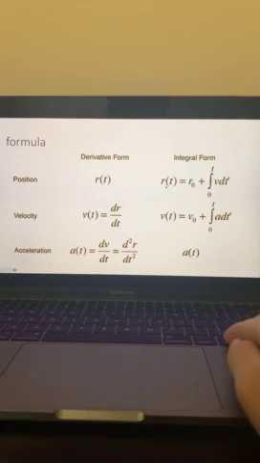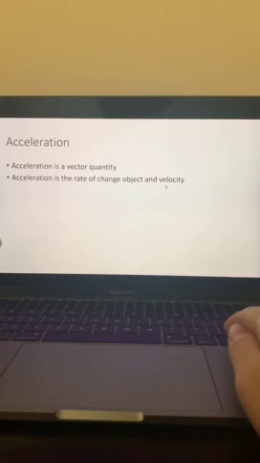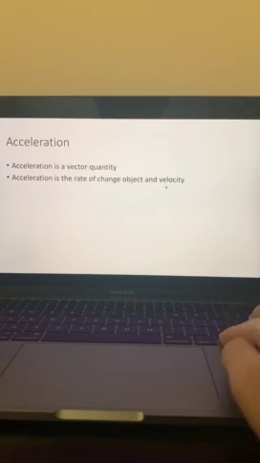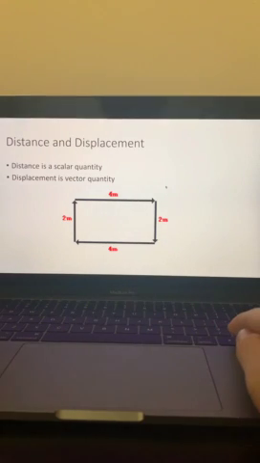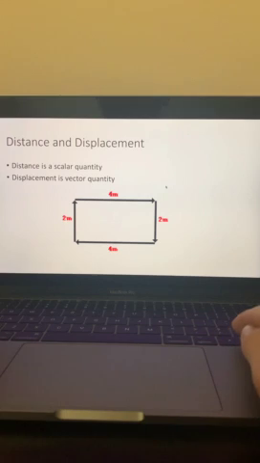So basically this is the formula and the relationship between distance, speed, and acceleration. I believe distance is equal to velocity times time, and the relationship between the three of them is taking a derivative or an integral.